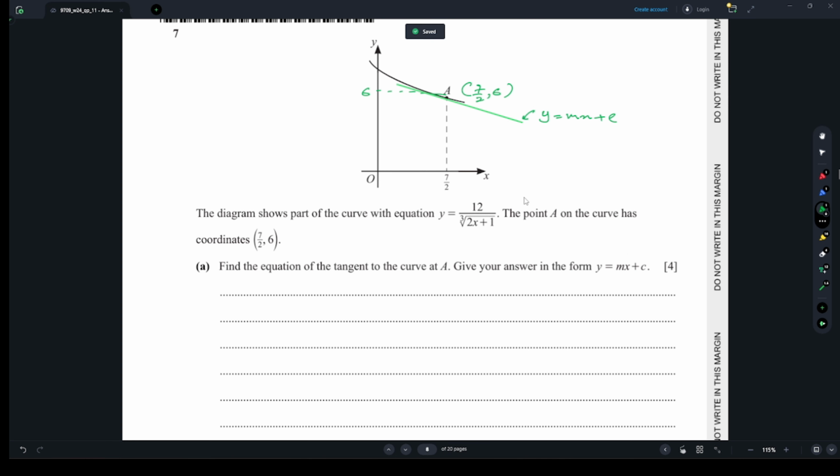You know that we have the equation of the curve, and by differentiating, taking the derivative, you can find the tangent, right?